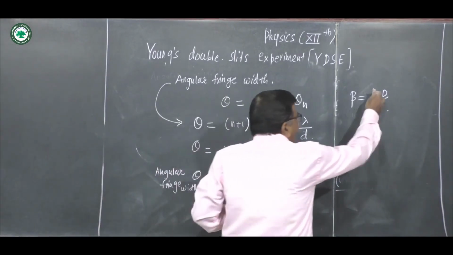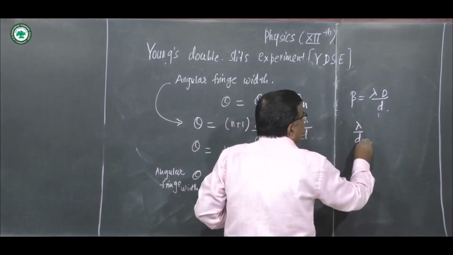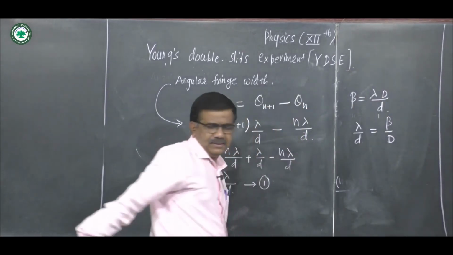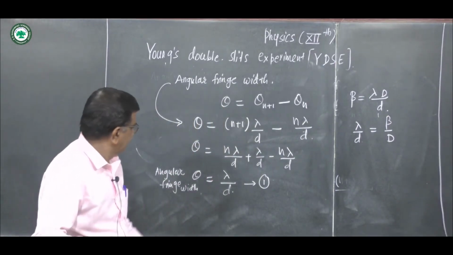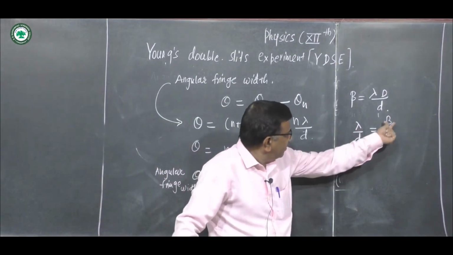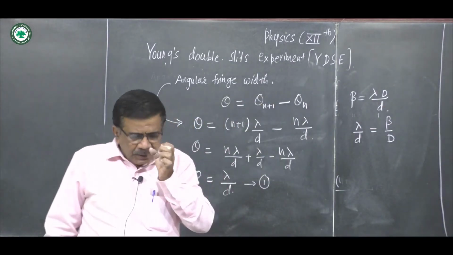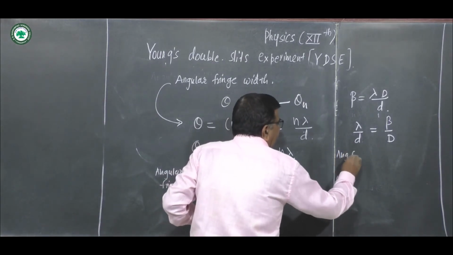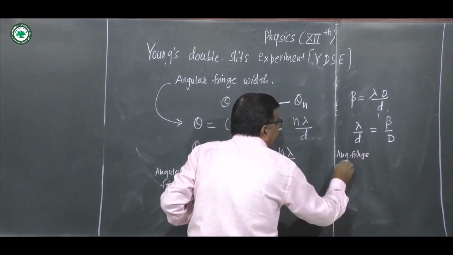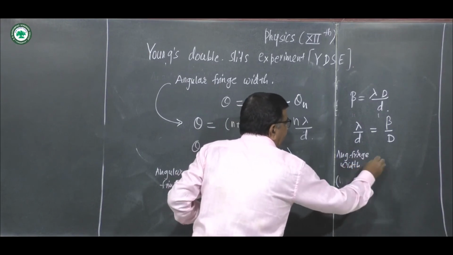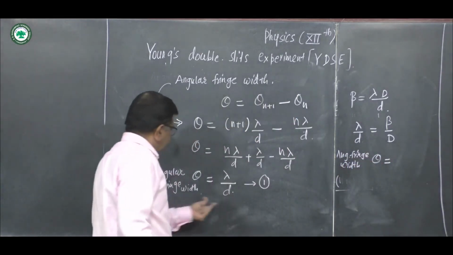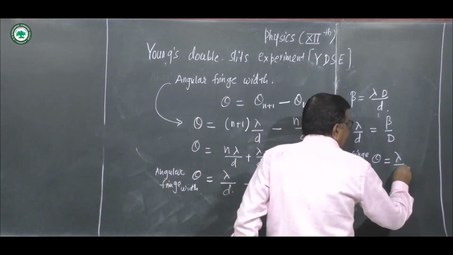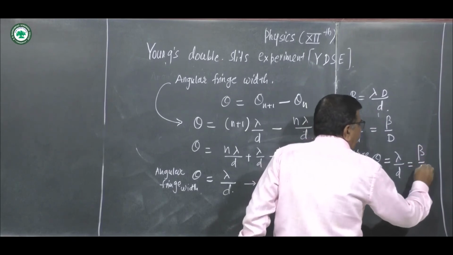From this equation, lambda upon d is beta upon capital D. So angular fringe width theta is equal to lambda upon small d, or that is also equal to beta upon capital D.